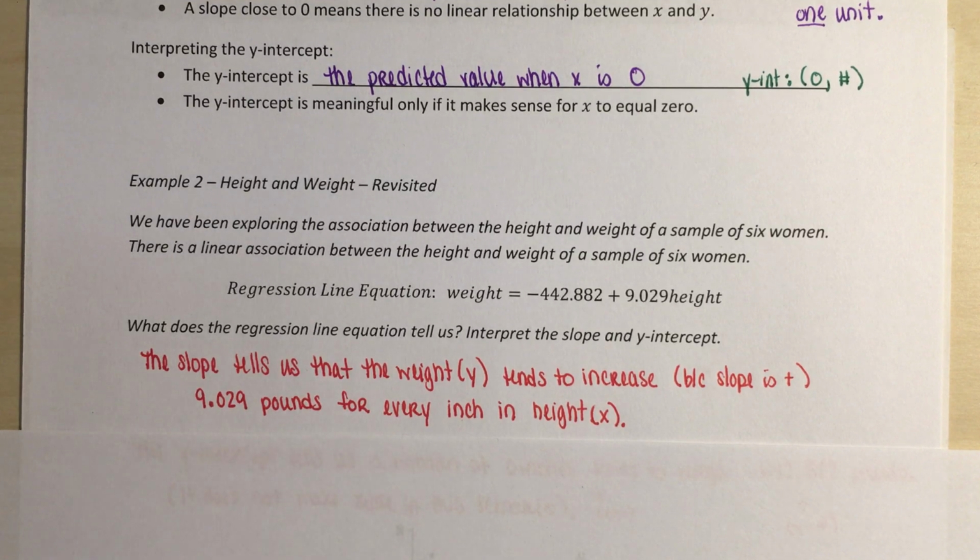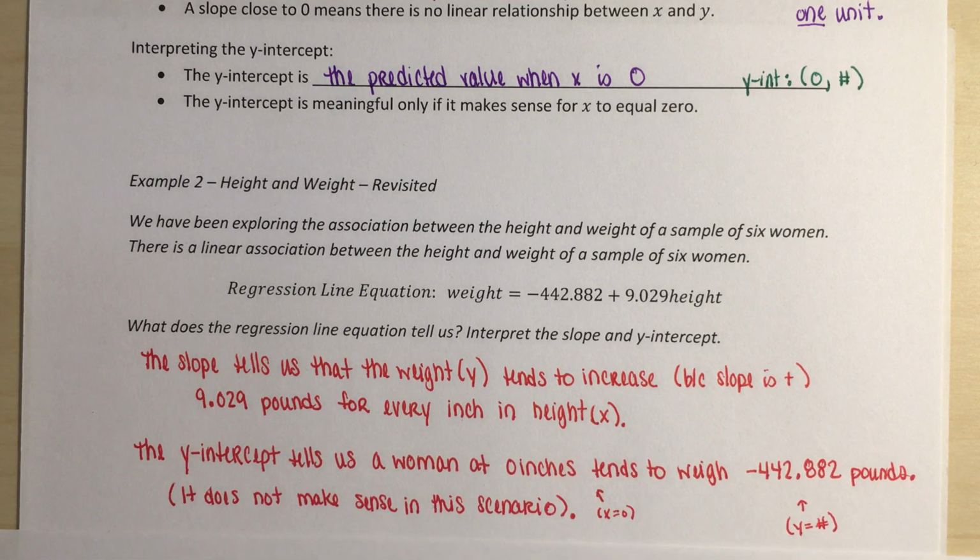There are a bunch of different ways that you can phrase this, but those are the key things that you're looking for. Your y variable, what is it? What is it doing, increasing or decreasing? And it's doing that for every time the x variable increases by 1. So that's what our slope is telling us. Slope is sometimes referred to as a rate of change. So for each additional inch in height, the rate of change, the weight is changing by 9.029 pounds.